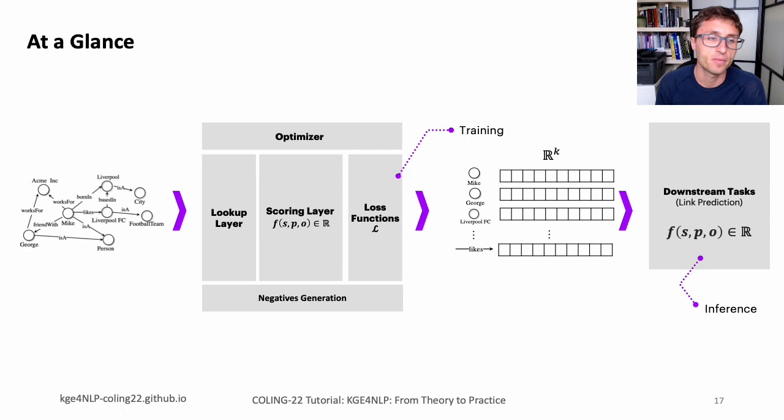It takes a training knowledge graph as input on the left hand side, and then it processes such graph in a supervised learning manner to generate embeddings of nodes and edge types, which will be used later on in downstream tasks.